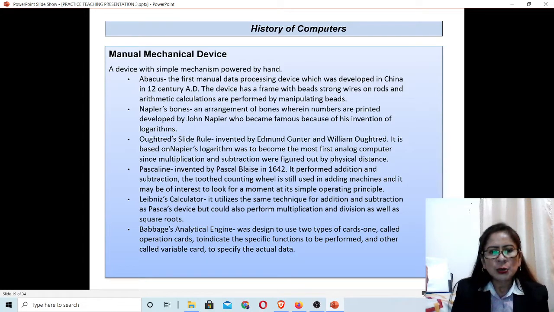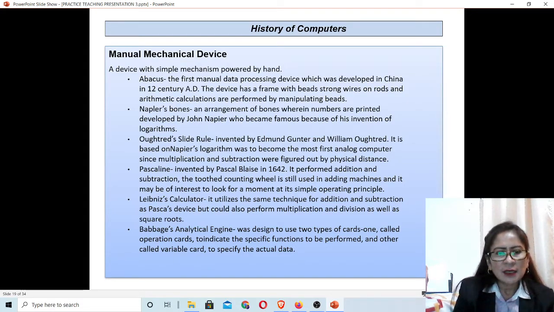Oughtred's slide rule, invented by Edmund Gunter and William Oughtred. It is based on Napier's logarithm and was to become the first analog computer, since multiplication and subtraction were figured out by physical distance. Pascaline.